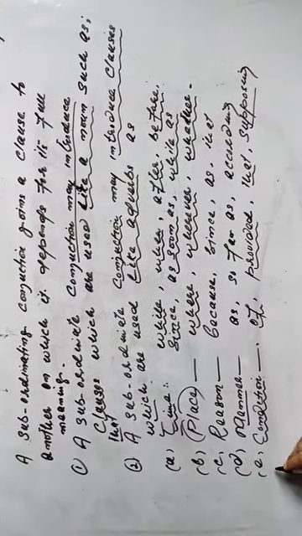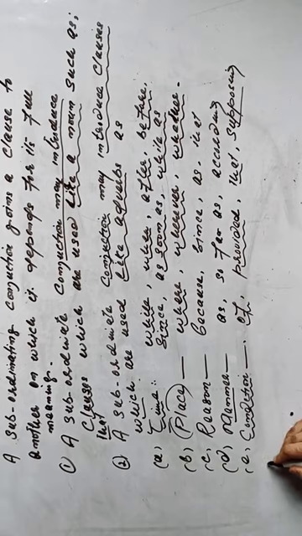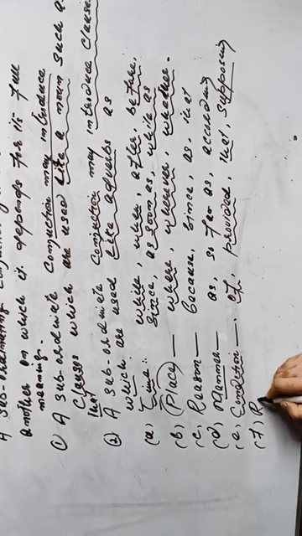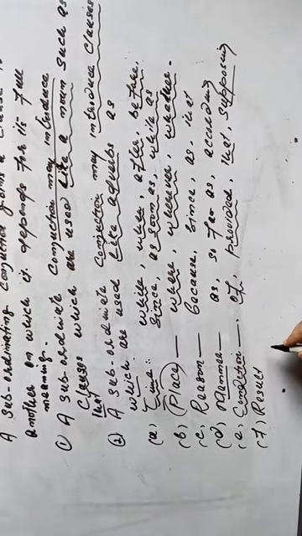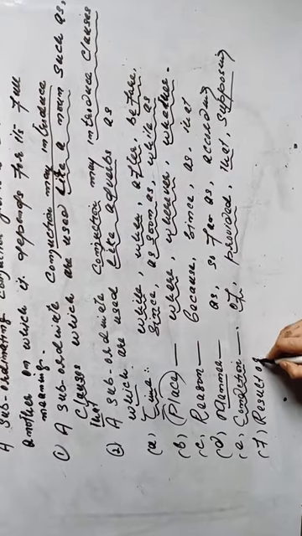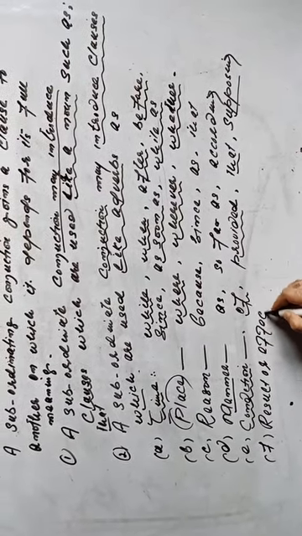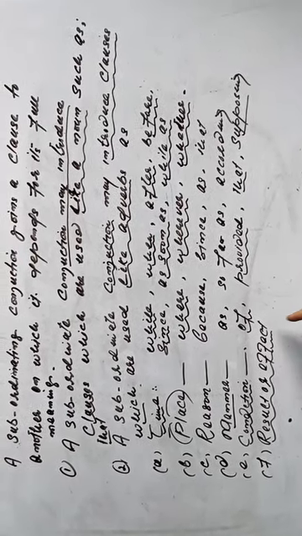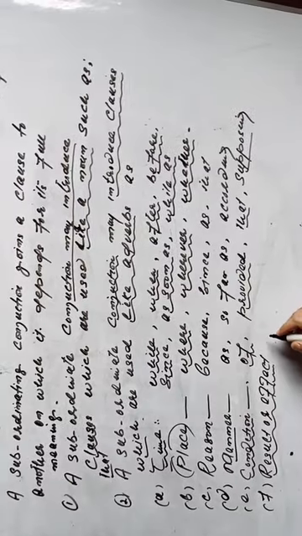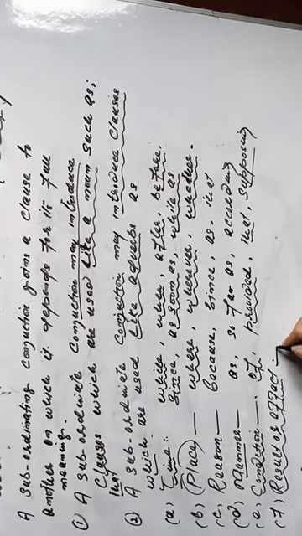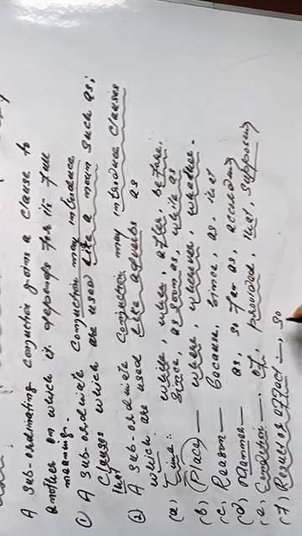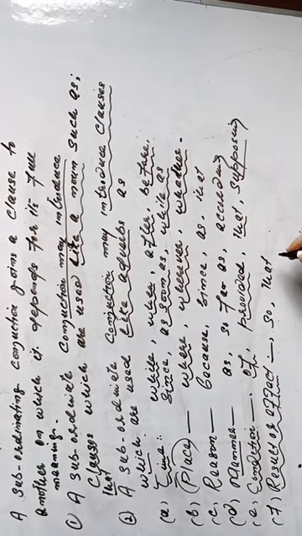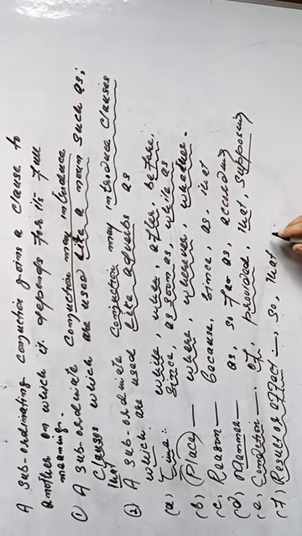Again, we have result or effect. Give it a thought, and I will tell you, you are supposed to use so as a subordinating conjunction, that you can use also.